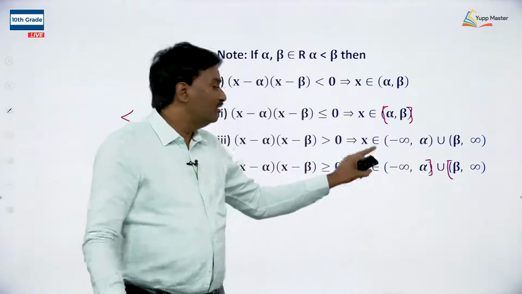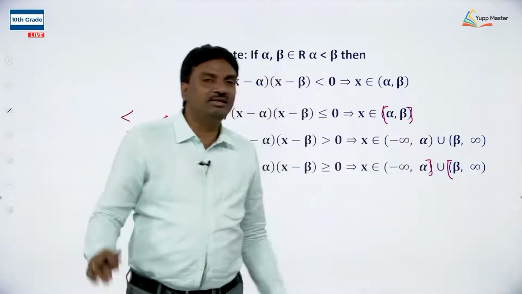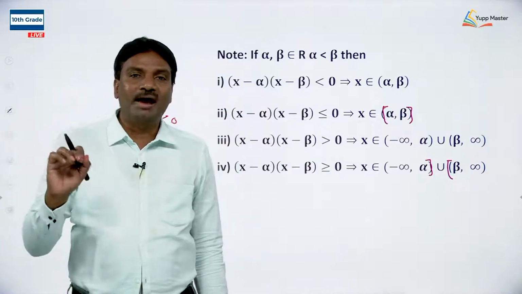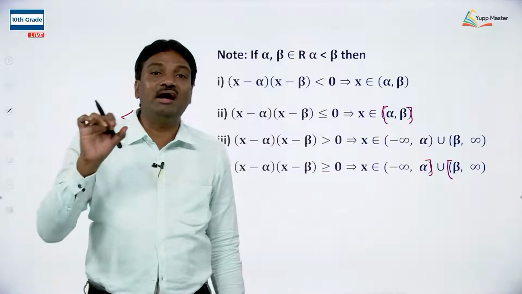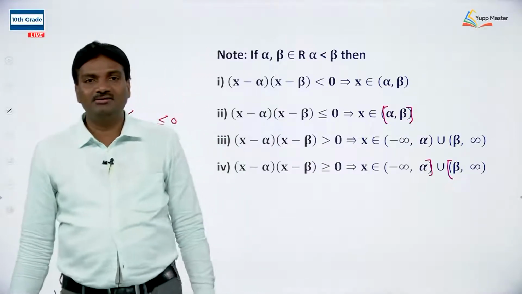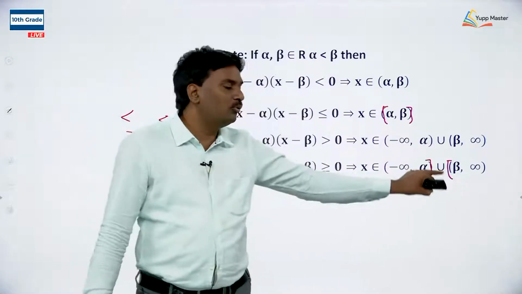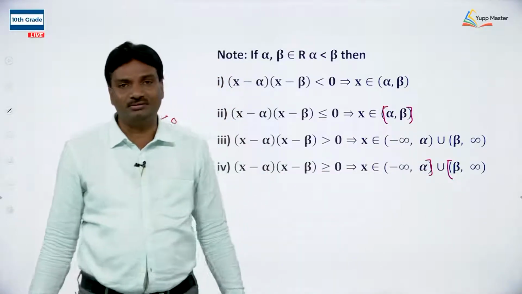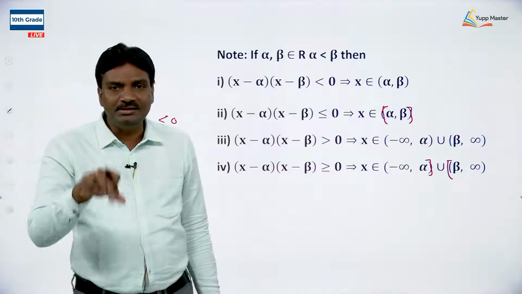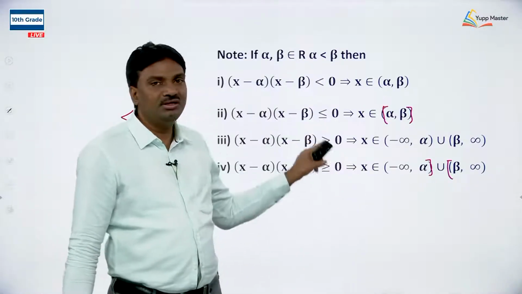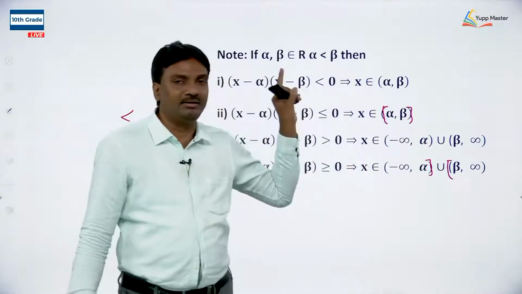But remember, for minus infinity and plus infinity always take open bracket only, because minus infinity and plus infinity are undefined values. So for alpha and beta only take the square bracket like this. If we have strictly less than 0 or strictly greater than 0, then we take open bracket for alpha and beta.